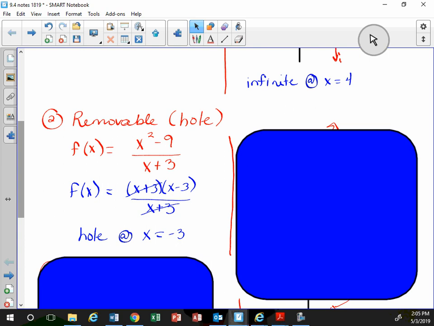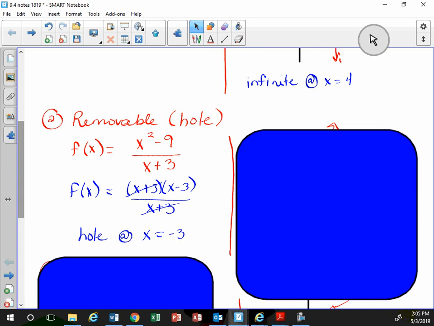The hole is at x equals negative 3 because of the behavior of x. It's not x cannot equal negative 3. If we were doing domain, yeah, x cannot be negative 3. The location is at x equals negative 3. It's because of the one you canceled out, it's what would make that 0. So it's always the one you cross out. Just look at that. What would make it 0?